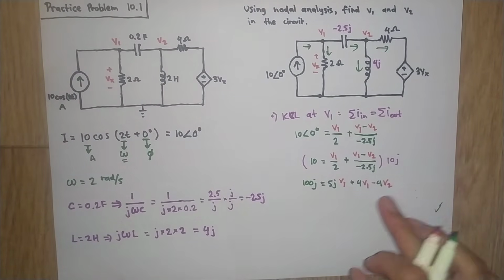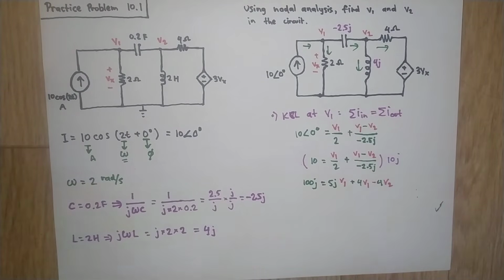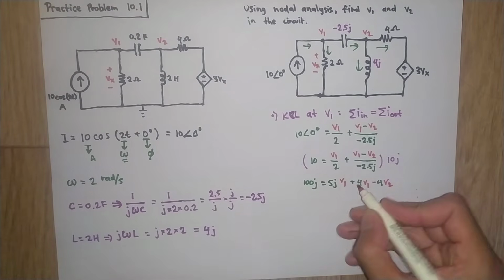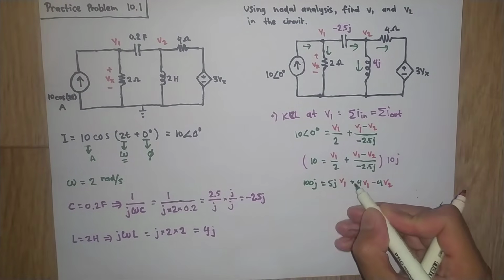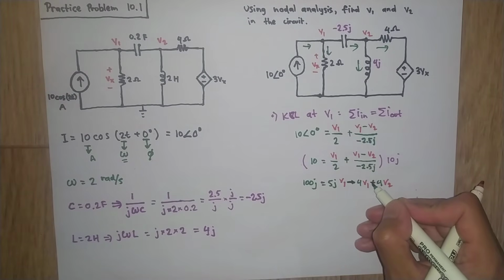Okay, I think I made a mistake. This J will cancel each other, so this is minus 4, so our sign here should be this one. This will be minus, this one will be minus, and this one will be plus.